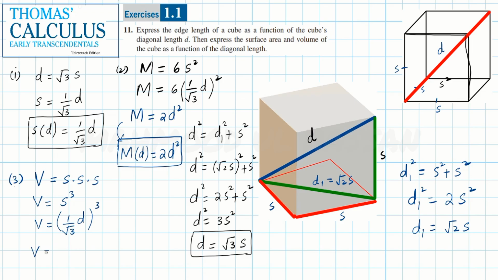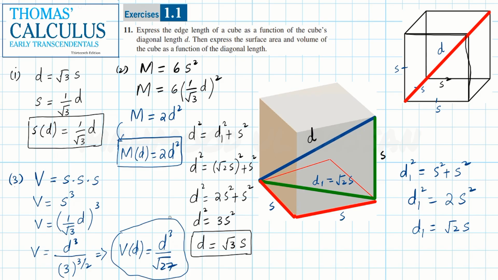So v is d to the power 3 divided by 3 to the power 3 by 2. In function notation, v of d is equal to d cubed divided by, since 3 to the power 3 by 2 is square root of 27, square root of 27. So this is going to be the volume, which is a function of the diagonal length d.